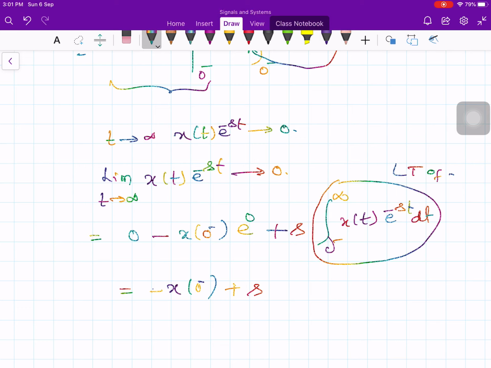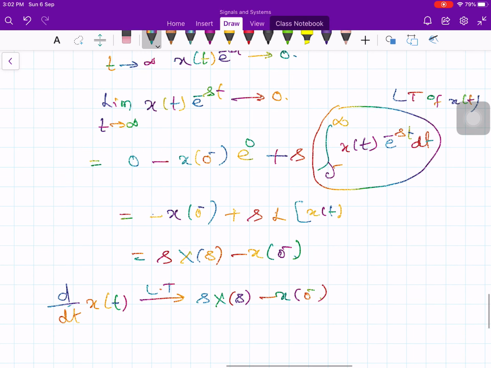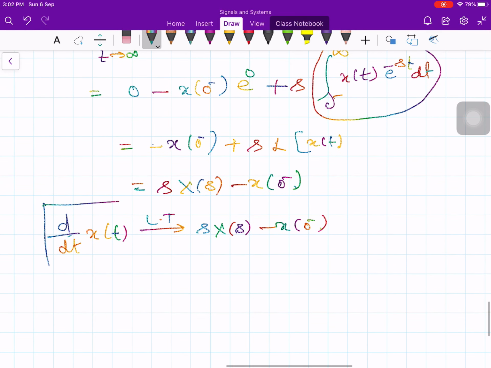So you can rearrange this: s times capital X of s minus x of 0 minus. Therefore the first derivative of x of t has a Laplace transform of s times X of s minus x of 0 minus. This is an important result that we use repeatedly in solving network problems.